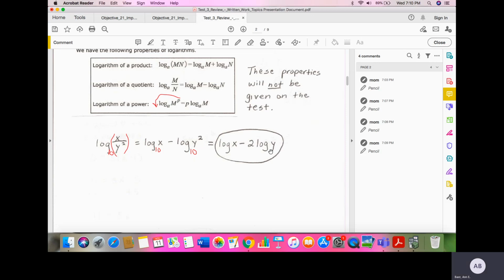Every log needs an understood base or a base and an argument, so we definitely need an argument in there. So we bring the 2 down front, then we get log base 10 of y, and that's it, because that exponent of 2 went down front. So this is what we get.